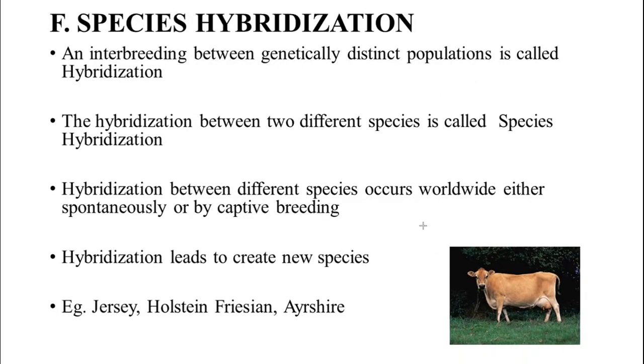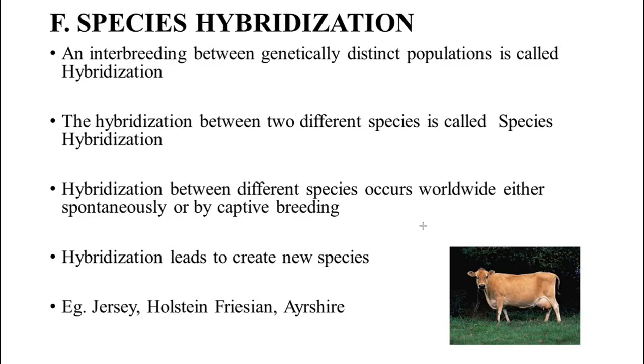And the last one is called species hybridization. To learn about species hybridization, let us first learn what hybridization is. Hybridization is nothing but interbreeding between genetically distinct populations.